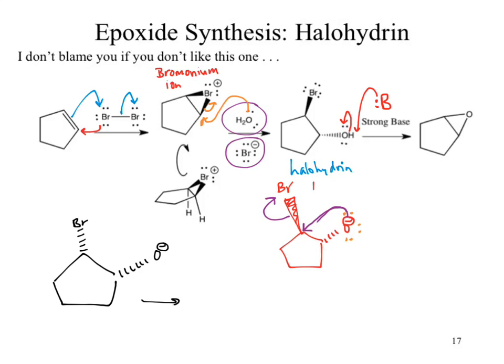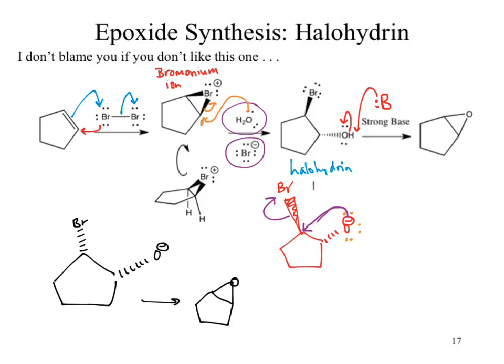Would I expect to make the epoxide? I don't think so because it would have a hard time bending in that direction. Yes. Look at our mechanism that we drew with the purple arrows. That oxygen is coming from the bottom of the ring, the backside of the carbon-bromine bond.